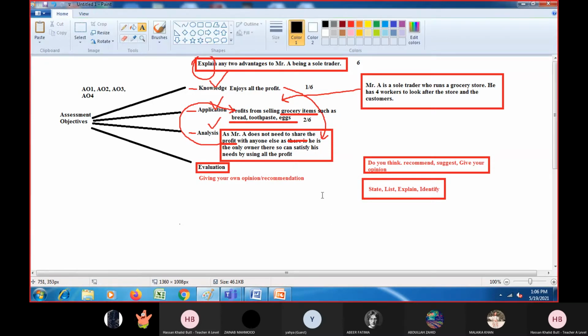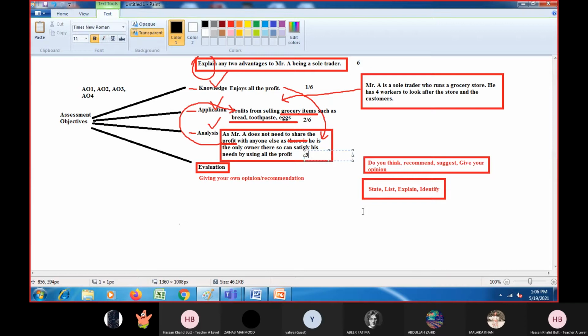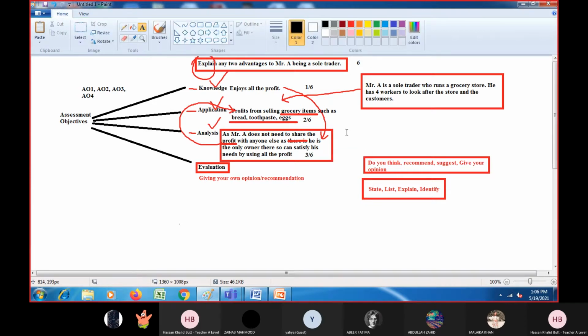Sorry, 1 mark, so 2 by 6, and then for analysis you will get another mark, so now you will get 3 by 6. So now you have got half the marks by demonstrating knowledge, application, and analysis.